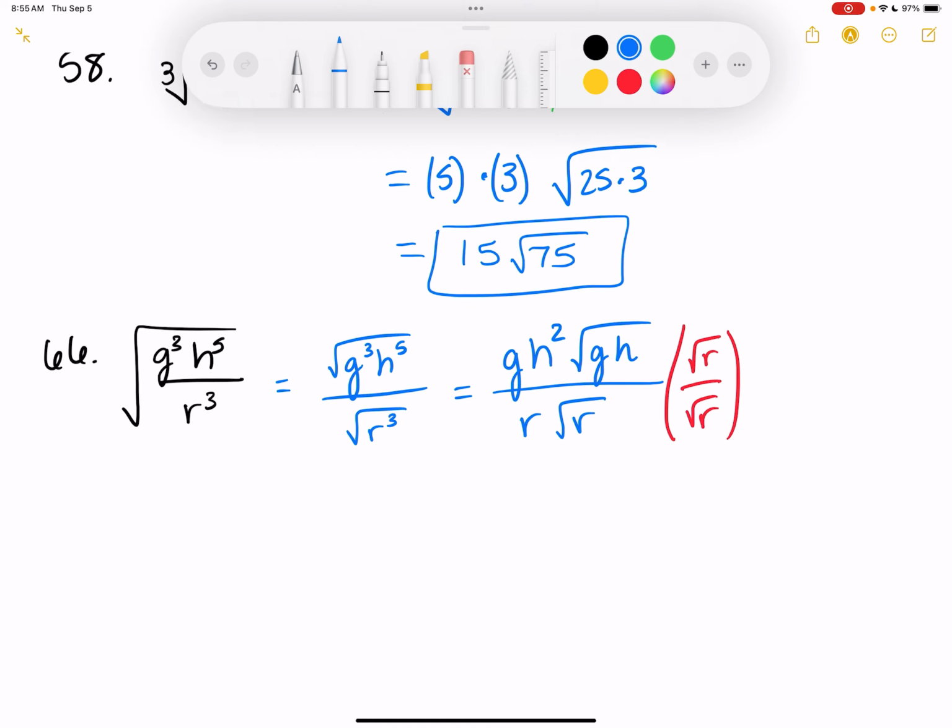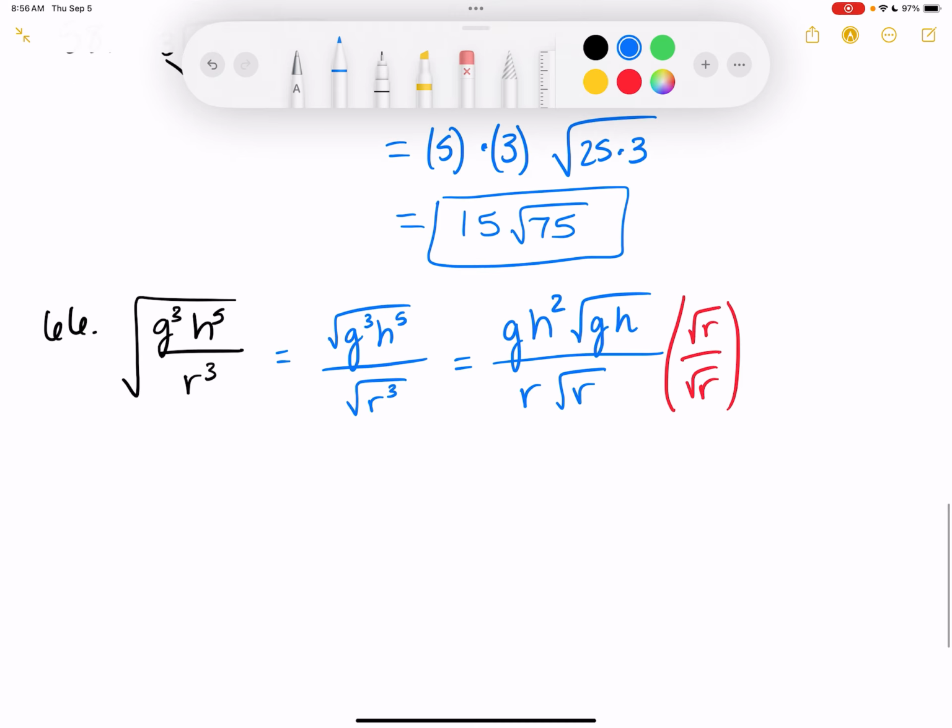So what happens here is that by multiplying by the square root of r over the square root of r, it's multiplying everything essentially by 1. But it'll allow me to get rid of that radical on the bottom. And so on the bottom, r times the square root of r times the square root of r, that would end up inside being the square root of r squared, which is just r.